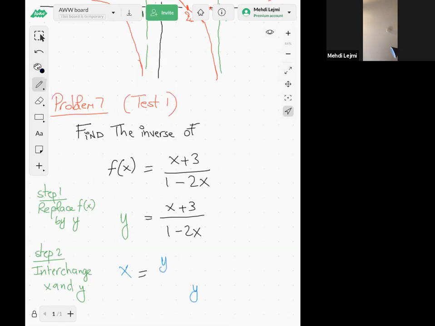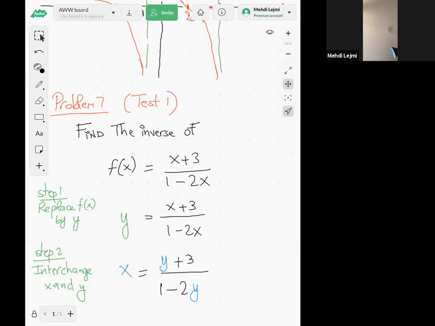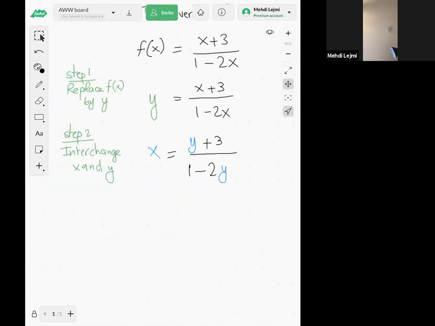So it's y plus 3 over 1 minus 2y. And then step 3 would be to solve for y. In this case, we have x over 1 equals this y plus 3 over 1 minus 2y.